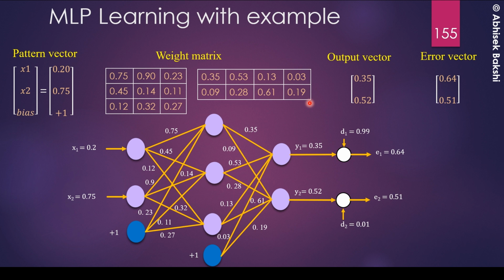The dimension can be represented like this: if you want to create a weight matrix between the ith layer and the jth layer, the dimension of the weight matrix should be j cross i.